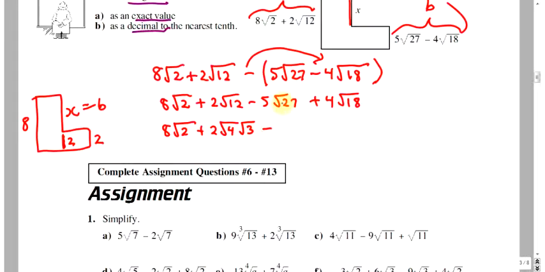Is there a perfect square in 27? Yep, it's 9. Whoops, forgot my 5. And how about root 18? I can take a 9 out. Root 9. Okay? Yep.